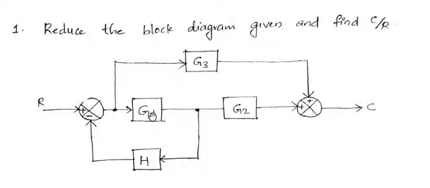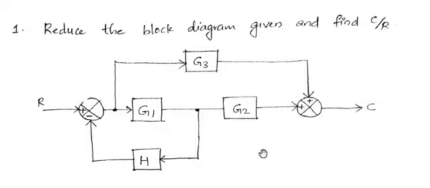Why? Because in between these two blocks we have a branch point. As long as this branch point exists, we cannot apply the cascading rule. To apply it, you have to shift this branch point either ahead of G2 or before G1.